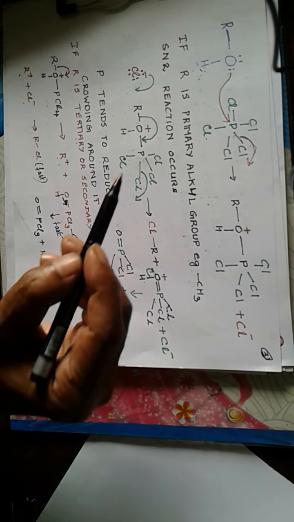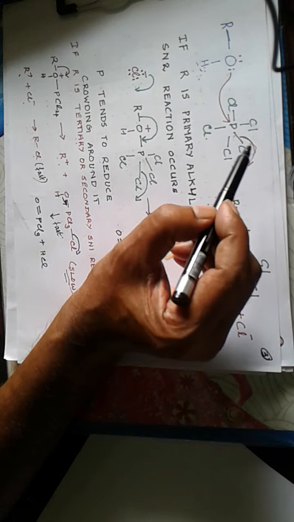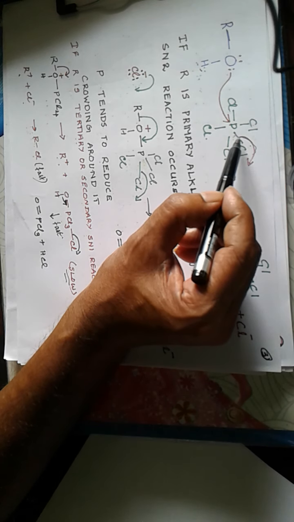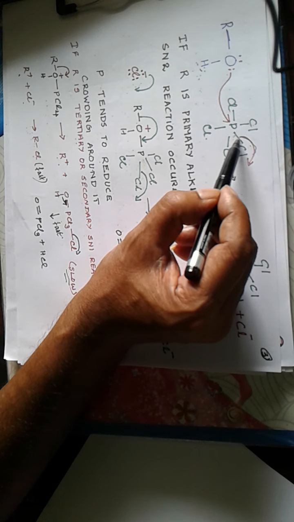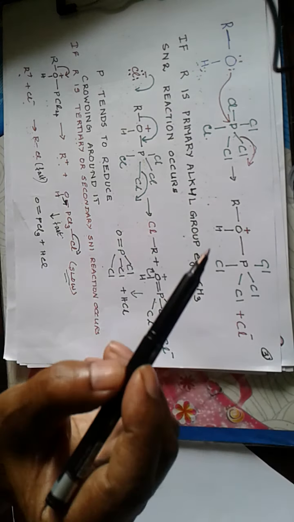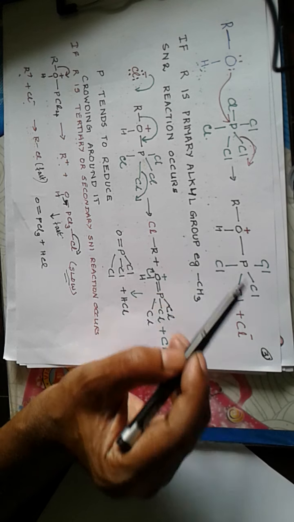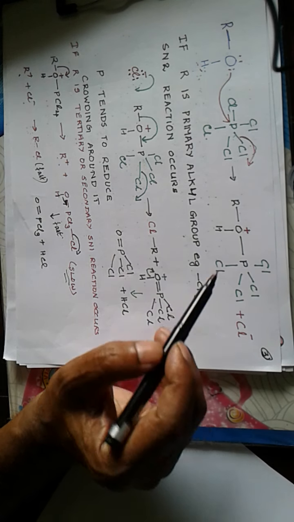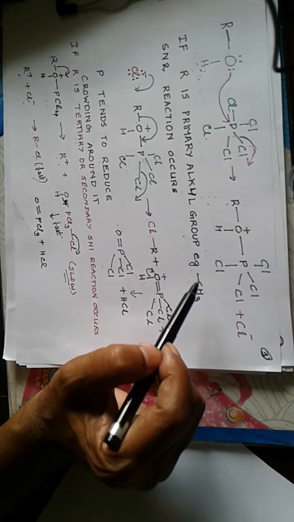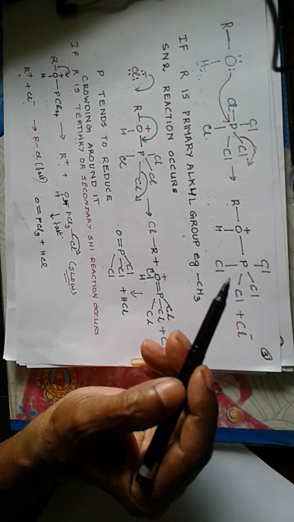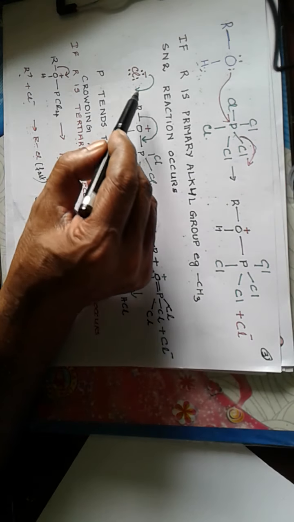So once again, the lone pair of oxygen is given to phosphorus simultaneously to maintain the valency and to nullify the negative charge. Cl is getting removed as Cl negative, we get a positive charge over oxygen, then Cl negative. If R is a primary alkyl group, for example methyl, then it cannot give a stable carbocation, so Cl negative attacks from the back side.